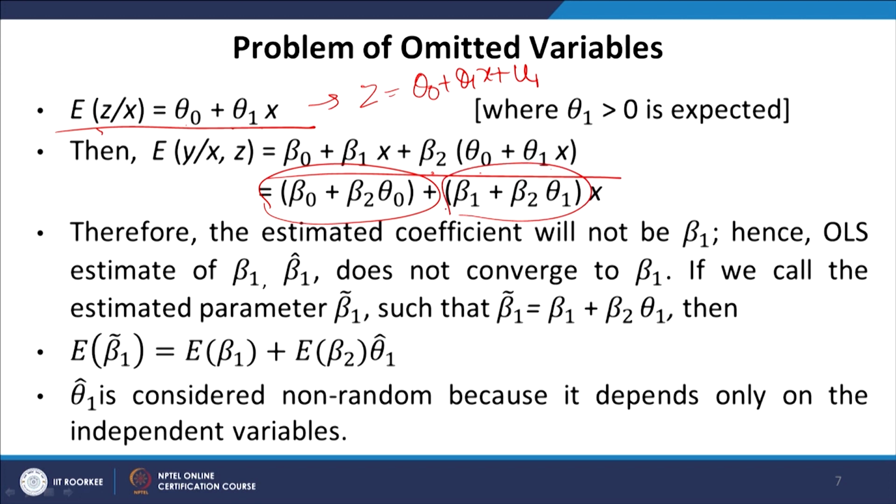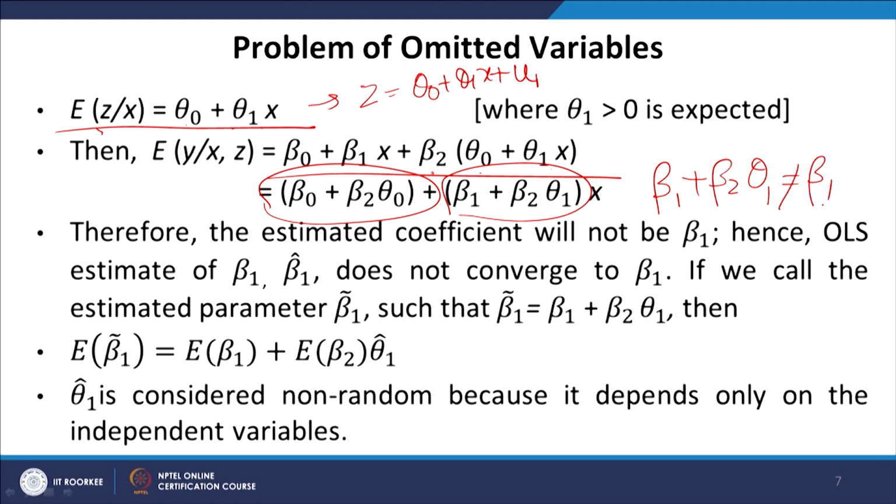So, in case I have omitted a variable which is correlated with the existing regressor x, the coefficient estimate of the existing regressor x is actually not equal to beta 1. Rather, it is beta 1 plus beta 2 theta 1, and this is not equal to beta 1, fair enough.